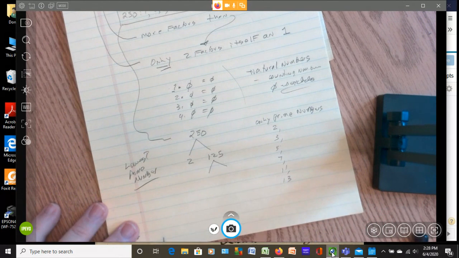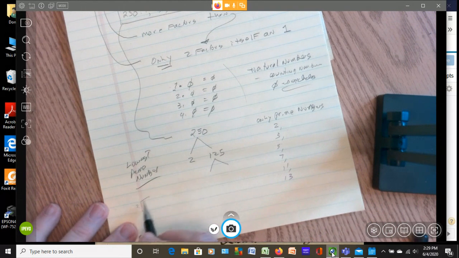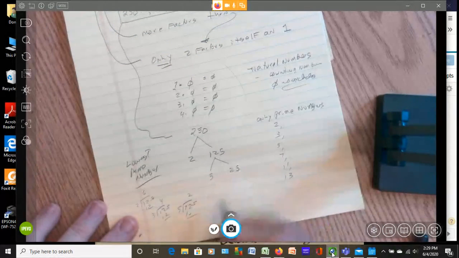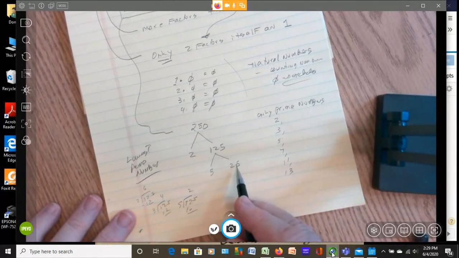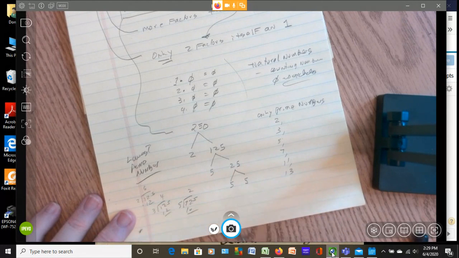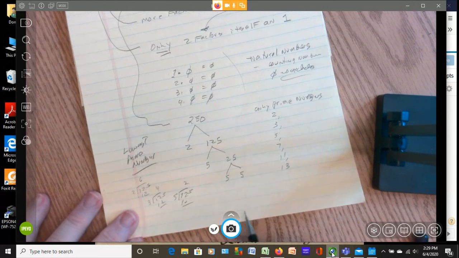Now, will 2 go into 125? No. Will 3 go into 125? No. Will 5 go into 125? I think it will. 5 times 25. 5 is a prime number, 25 is not a prime number. 5 times 5. So now, please don't get confused.